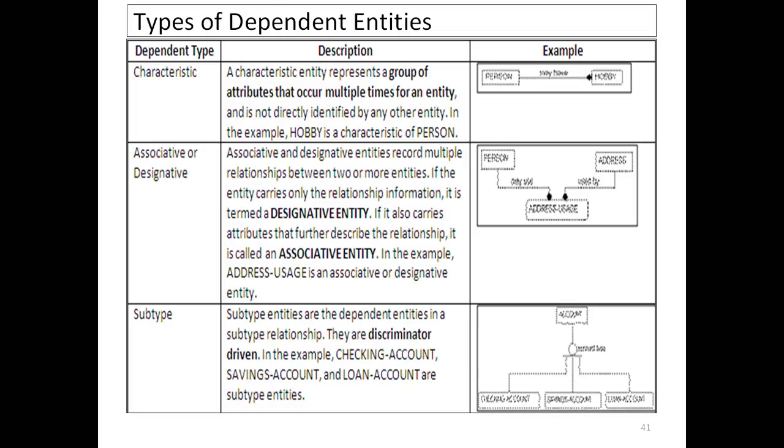Here we have achieved specialization using subtypes. So these are called subtype entities or dependent entities, and in the account entity, each instance of each of these accounts will be driven by a discriminator.